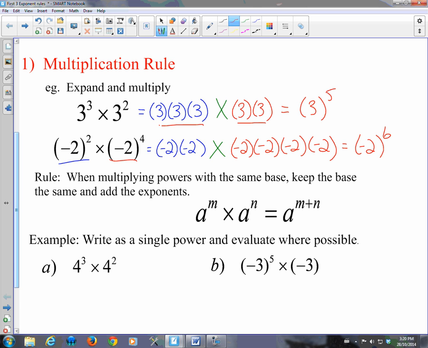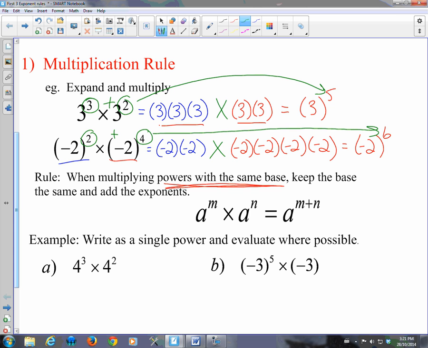When you multiply powers with the same base, like I did up above, there's a bit of a shortcut. 3 and 2 make 5, so that I don't have to actually expand it all out to see how many 3's I'm multiplying. Or 2 plus 4 makes 6, so I don't have to expand it all out to see, well, how many I'm multiplying.